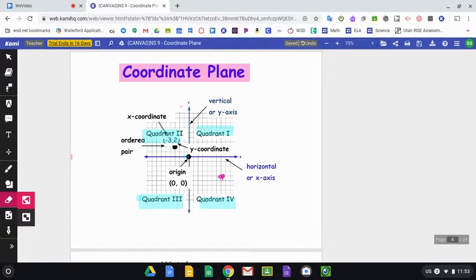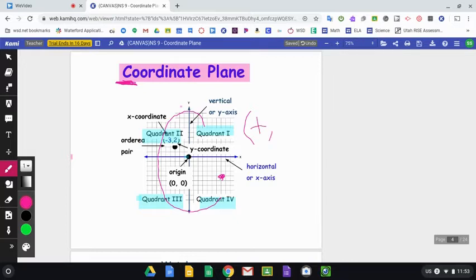So a good tip and a way that I remember it is coordinate plane starts with the letter C, right? So when I write a letter C, I always start right here. C for coordinate plane. And as I write it, I follow the order that the quadrants go. So here in quadrant 1, my x number is positive, I go to the right. My y number is positive, I go up.